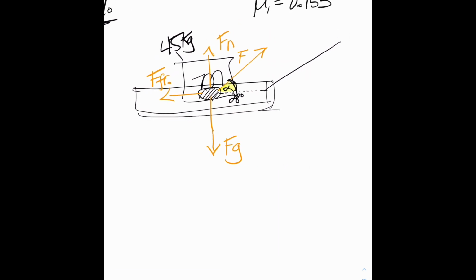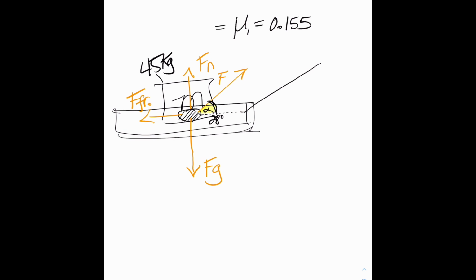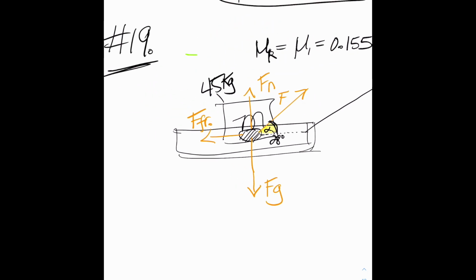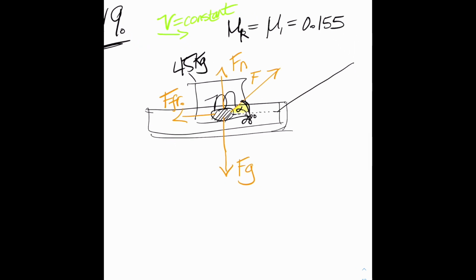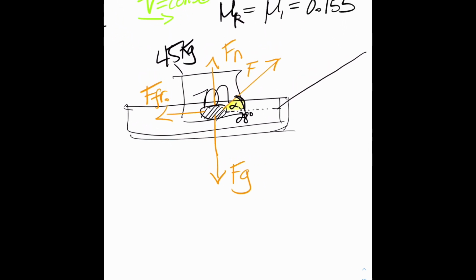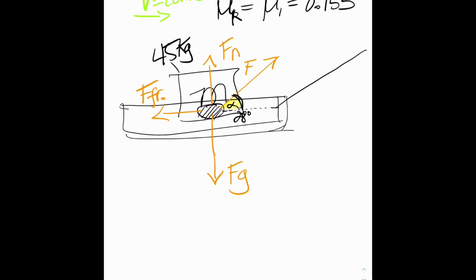And this is also mu k, right? Since we know this sled is being pulled at a constant speed, so I can go ahead, if you want, it never hurts to just draw a velocity vector up there and remind yourself that it's constant. But obviously not part of the free body diagram. So 4 forces on our free body diagram here, and that's all we know right there.